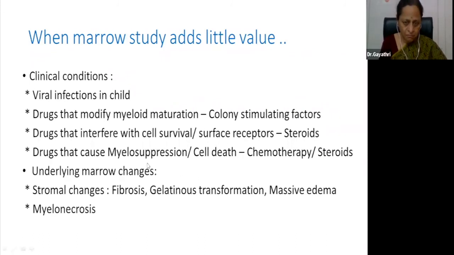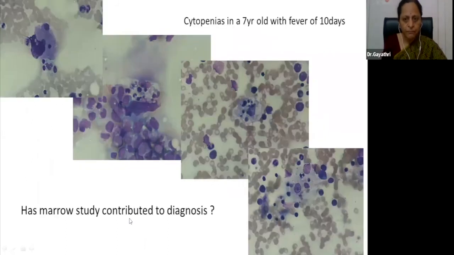Sometimes these agents, chemotherapeutic agents, and even sometimes a single dose of steroids can alter the morphology of the marrow, cause a lot of myelosuppression, myelonecrosis, so that at the end of a difficult or painful procedure, you end up with no real answers to the underlying disease.